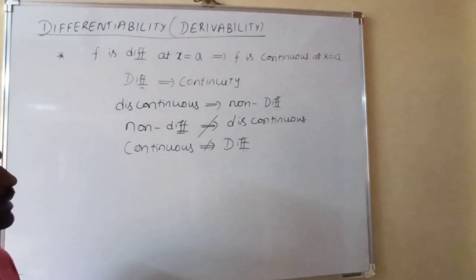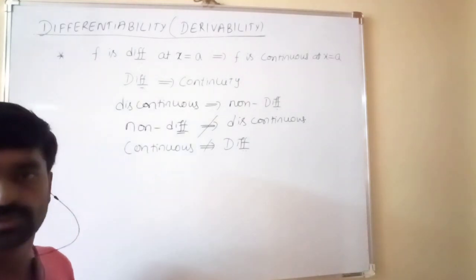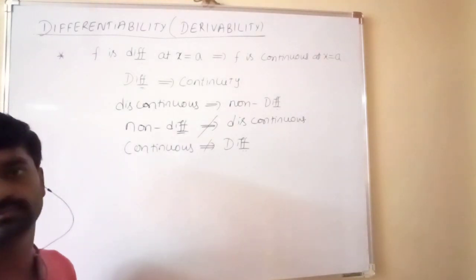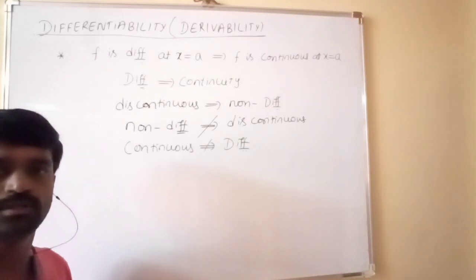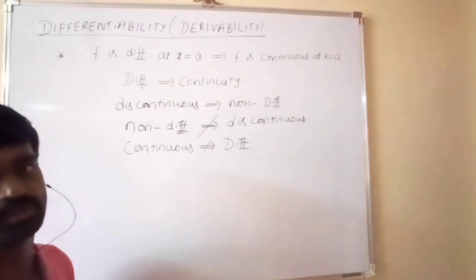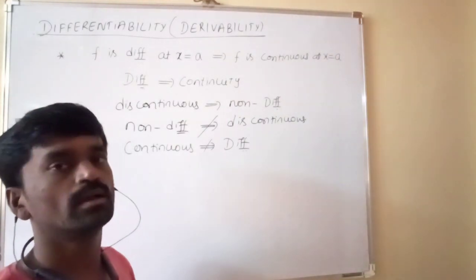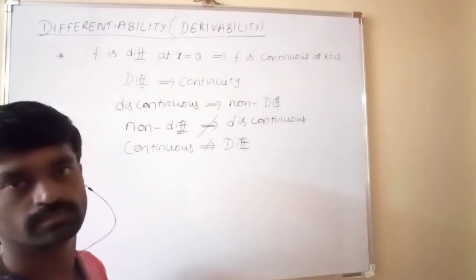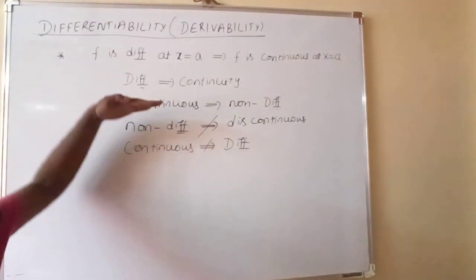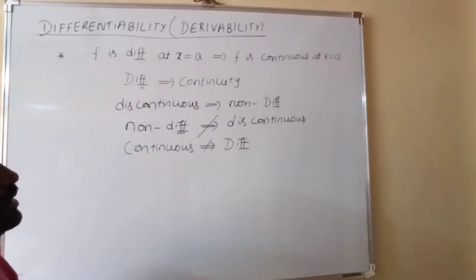Okay. That means I completed successfully level 1. From that data, is it possible to say level 2 also completed? No. That means continuous functions need not be differentiable. They may be differentiable, may not be differentiable. So those who completed level 1 game, they may complete level 2, may not complete level 2. Okay. So differentiability implies continuity, discontinuous implies non-differentiability.